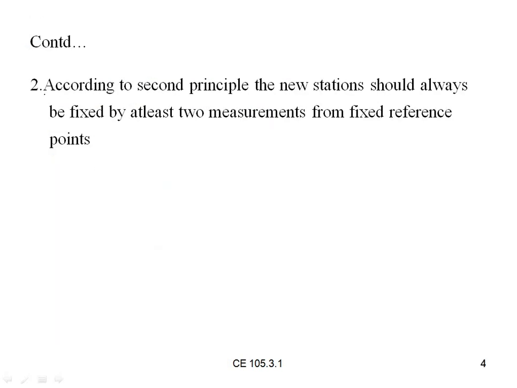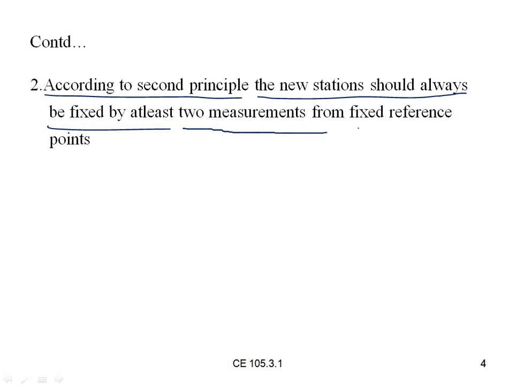As per the second principle, the new station should always be fixed by at least two measurements from fixed reference points.